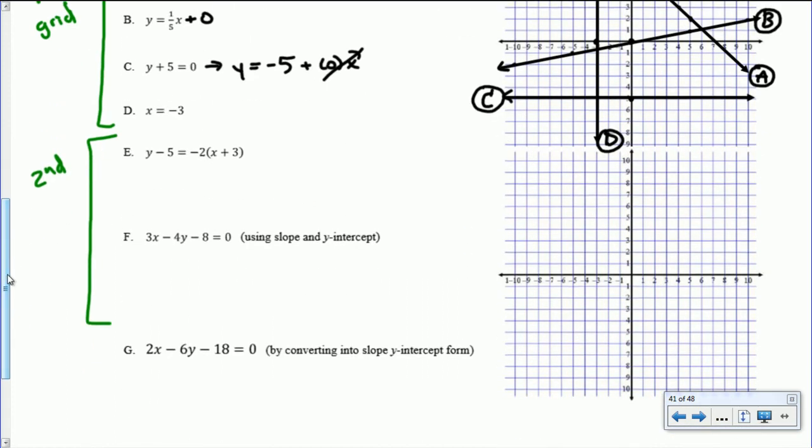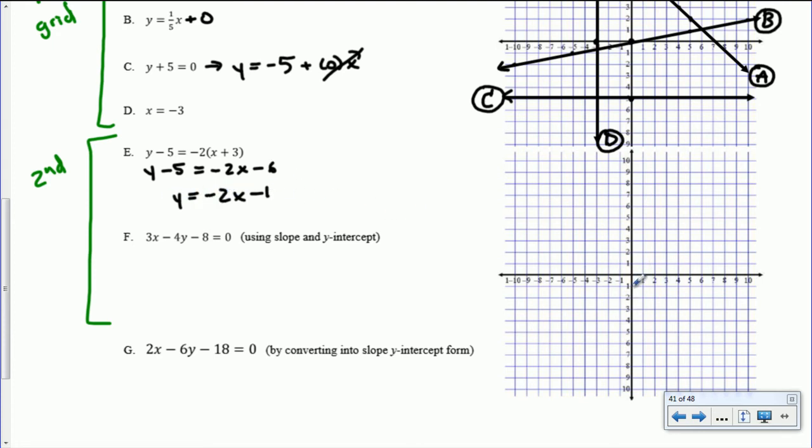Okay, moving on. Y minus 5, so on. So let's change this to slope-intercept form. So negative 2x minus 6. And then we can bring this to the right, so it'll be negative 2x minus 1, right? Negative 6 plus 5 is negative 1. So negative 2x minus 1.